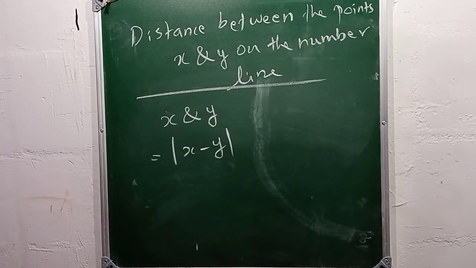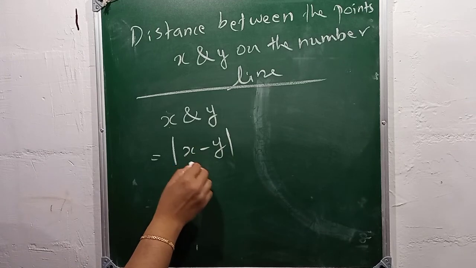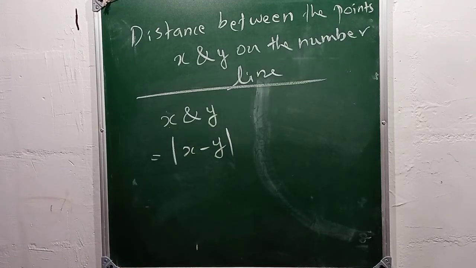Okay, the distance between the points x and y is equal to modulus of x minus y. That is, the distance between 2 points on the number line is the absolute value of the difference of the numbers denoting these points.